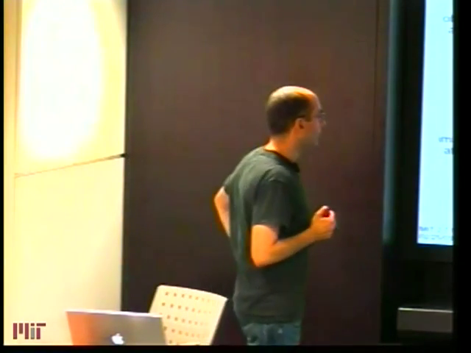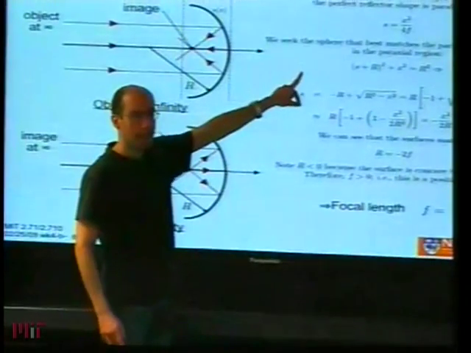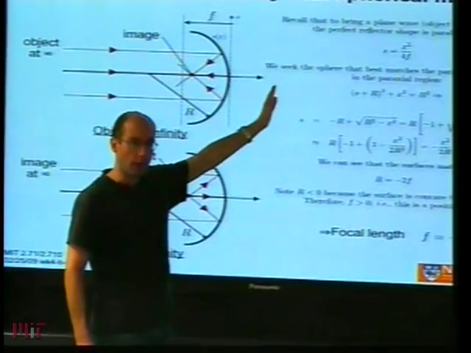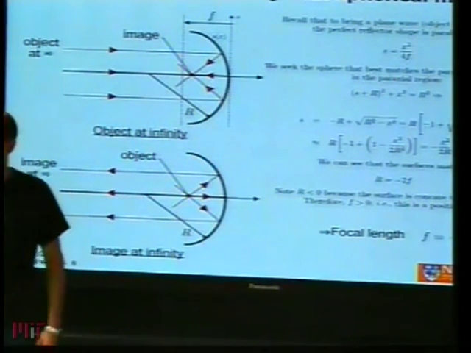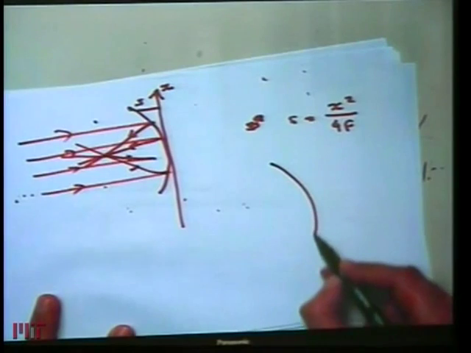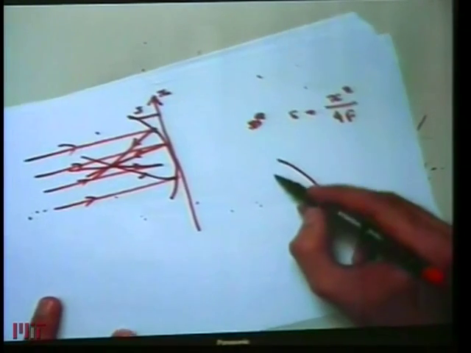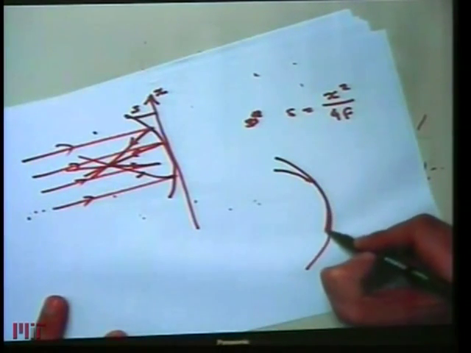So for a spherical mirror, I did a little bit of a derivation here, which follows the paraxial approximation to connect the ideal parabolic shape and the focal length that we get from the parabola to the equivalent sphere. And again, the parabola and the sphere kind of look the same. If you look at the parabola, maybe it goes like this. If you look at the sphere and you match the curvatures near the center, it might go like this.